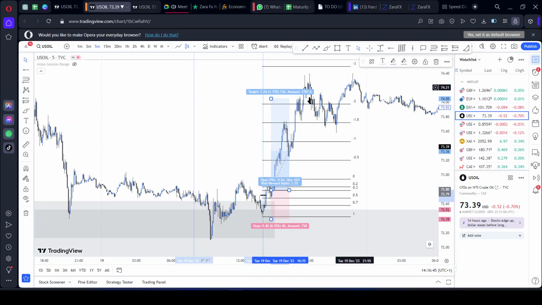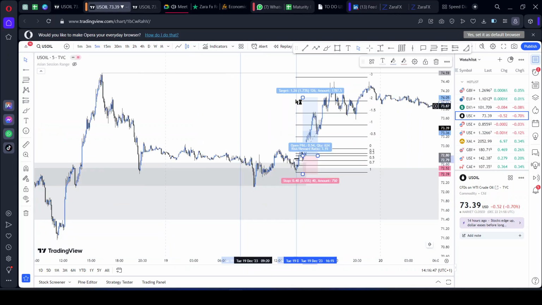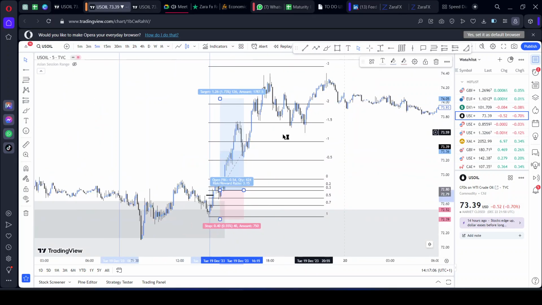I'll take another profit off at 2 standard deviation. I could even run all the trades up to 1 ratio 3. I could run everything instead of taking partials because I know this is the high we are going for. I'll close everything at 2 standard deviation, and that would be 1 ratio 3 point something, which is a very good trade. So basically our target is 1 ratio 2, 1 ratio 3.